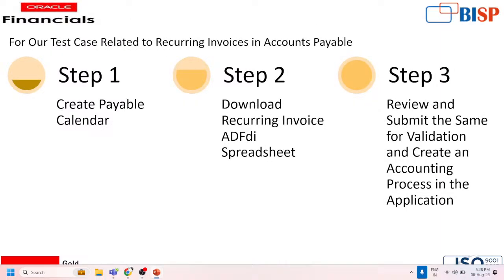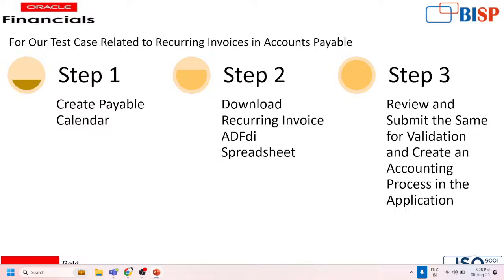for our test case related to recurring invoice in accounts payable? The first step is to create a payables calendar, right? That is a calendar we have to create in the application. Then we will download the recurring invoice ADFDI spreadsheet. That is the Application Development Framework Desktop Integrator spreadsheet.